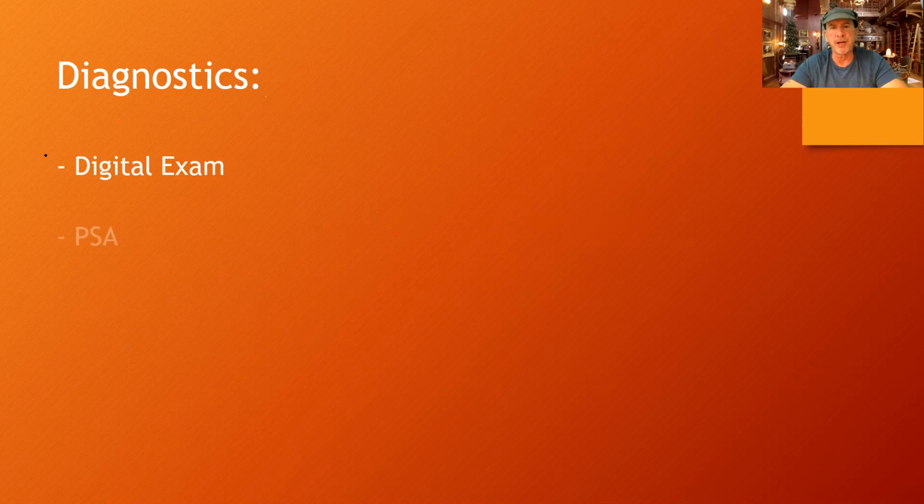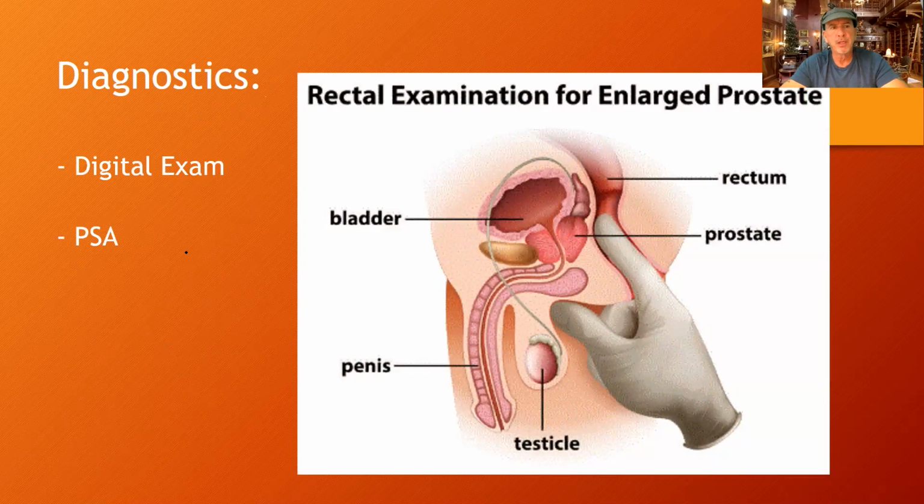Diagnostics, digital exam. This is the old-fashioned exam where you go to the doctor and he sticks a finger up your butt. This is the exam that all guys fear. If you look in the back of the classroom, the senior classroom, there is a little plate that has 3 different size plastic prostates.